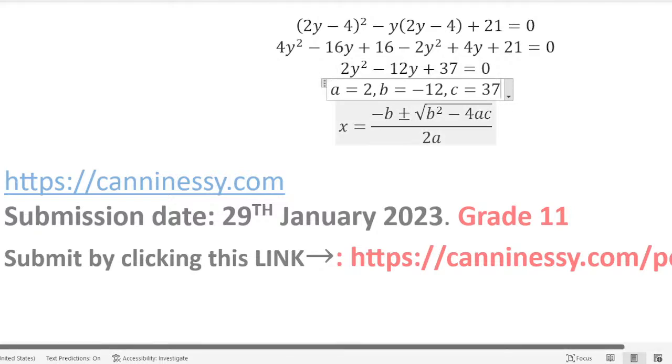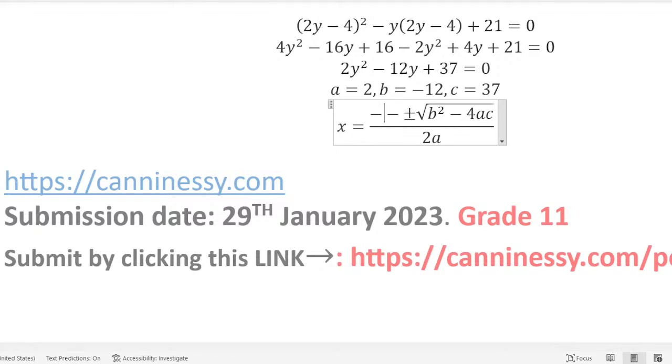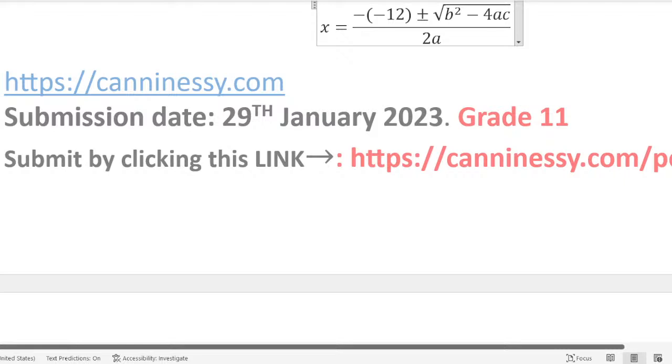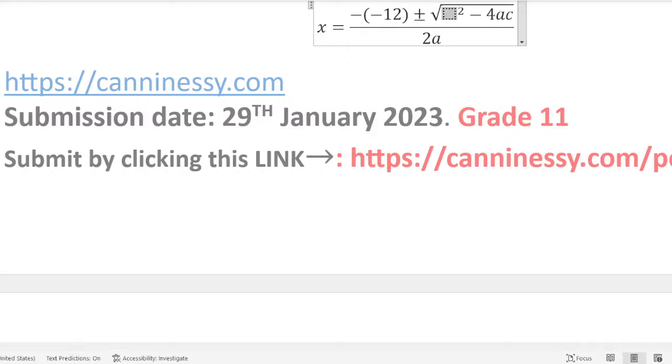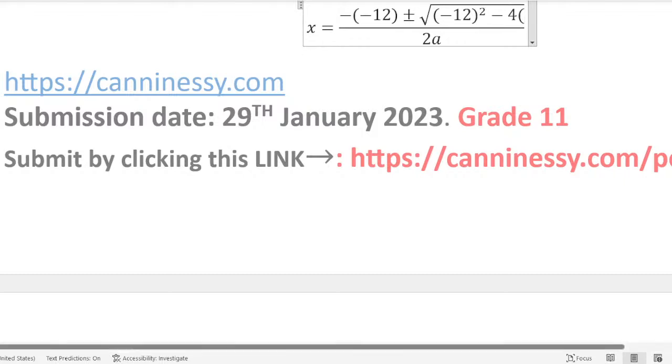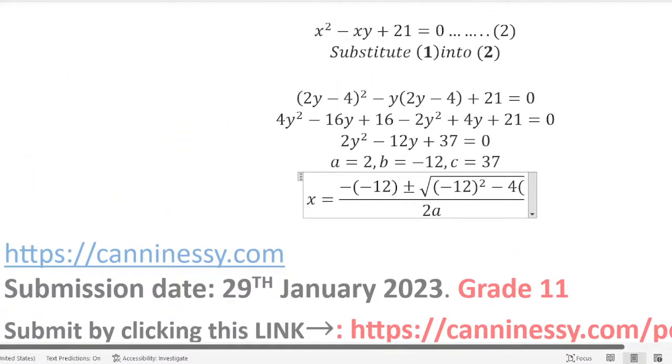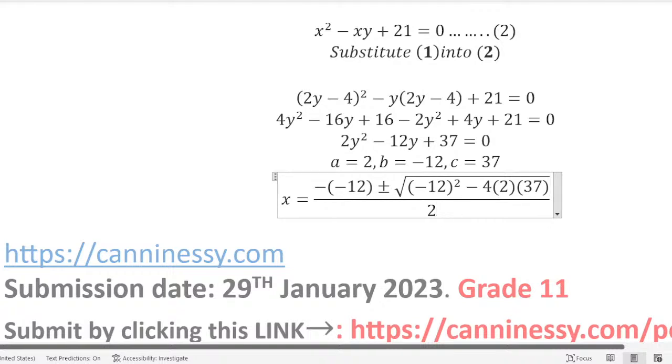Then we substitute into the quadratic formula: negative b, which is negative negative 12, plus or minus the square root of b squared, negative 12 squared, minus 4ac, where a is 2 and c is 37, all over 2a. In this case the value of a is 2.